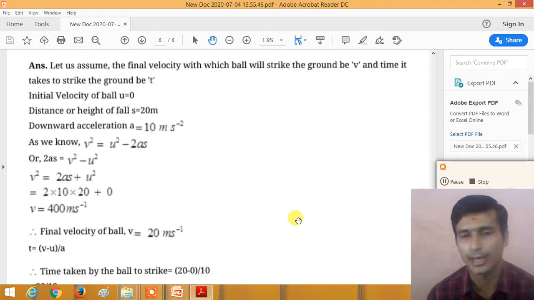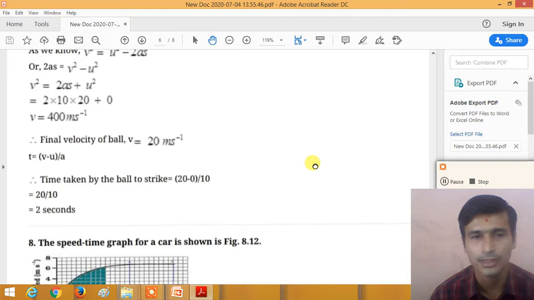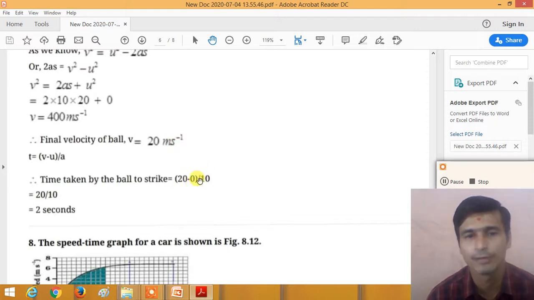So the final velocity of the ball v is 20 meter per second, right? Now the time taken by the ball to strike, t, is equal to v minus u divided by a. v is 20 meter per second, u is 0, divided by 10, we get the answer 2 seconds. So the ball will take 2 seconds to reach the ground, right?